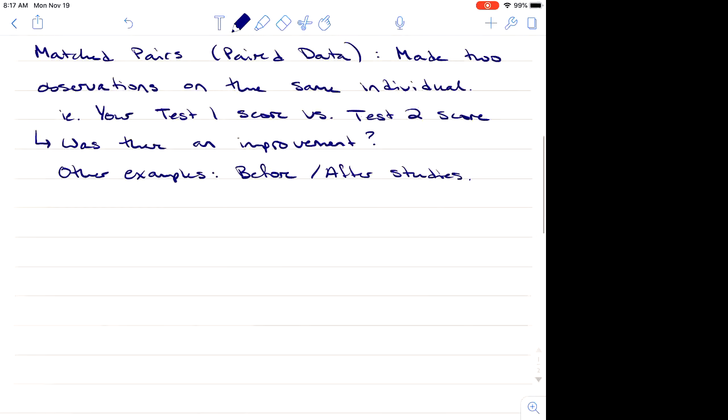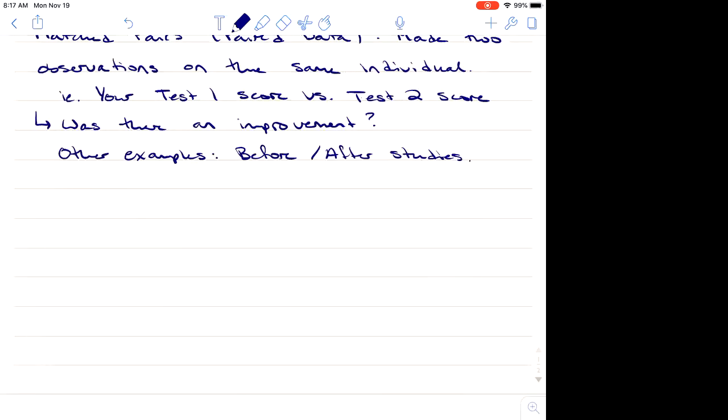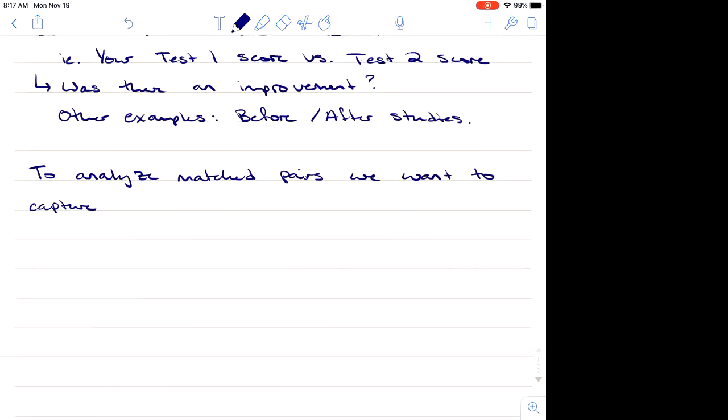So to analyze matched pairs, we want to capture changes within each individual.